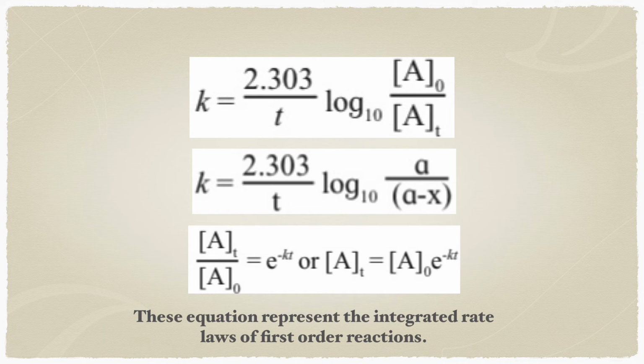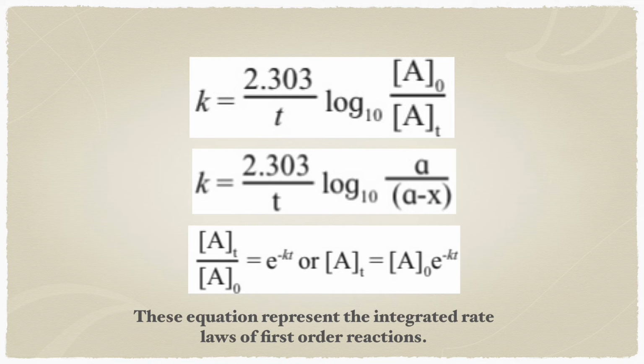Now we are going to see all the equations of the integrated rate laws of first order reaction. The first equation is very important, which you have to learn by heart, and it is normally used while solving sums.